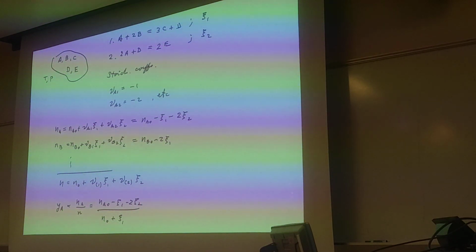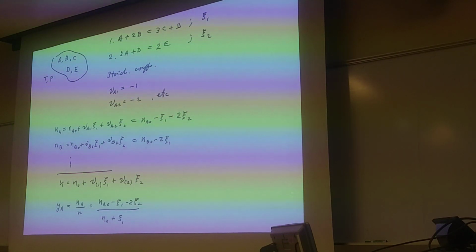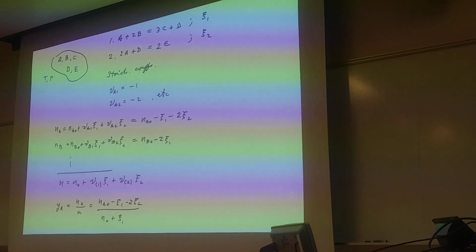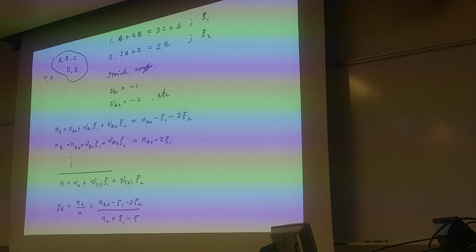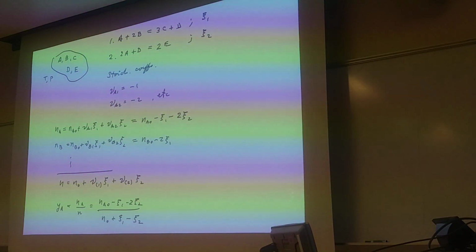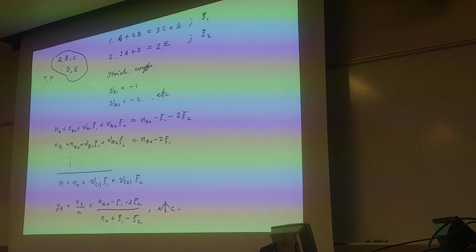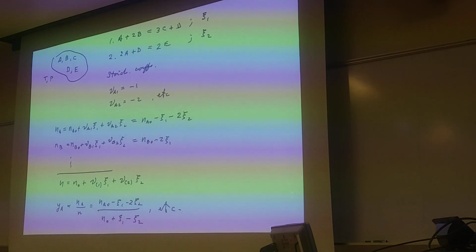What's the stoichiometric number for the second reaction? Minus 1. So it would look like this, and I can write it out for the rest of them. Nothing big there, you just have to be orderly about the way you keep track of things.